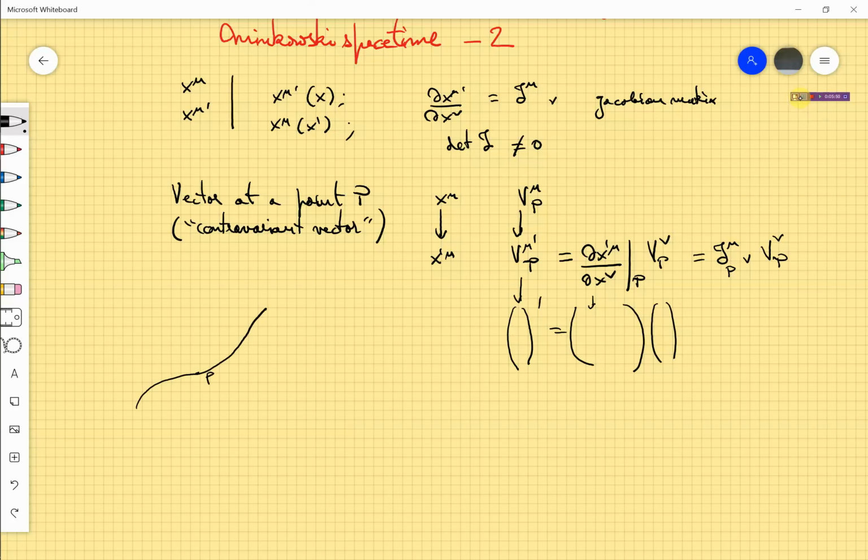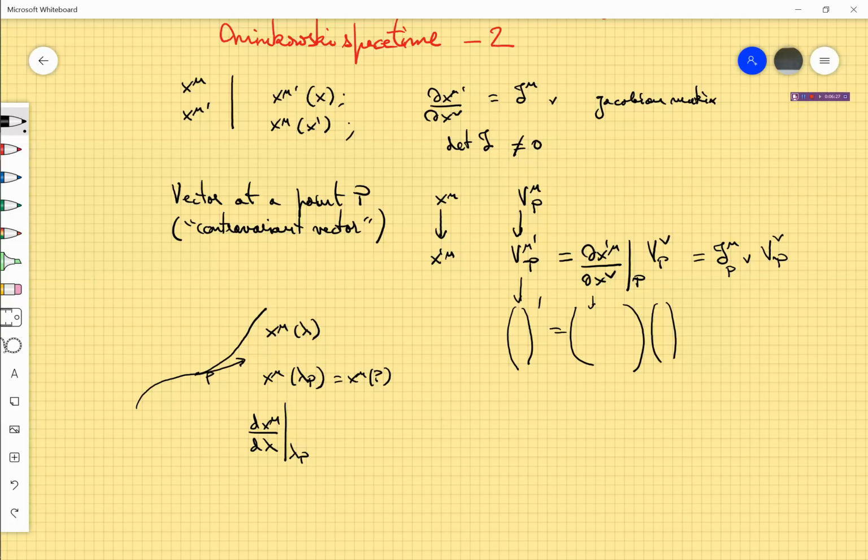This world line is parameterized by some parameter lambda, and for some value of this parameter, lambda P, you get precisely the coordinates of the point P. Then we can take the derivative of x mu with respect to lambda and evaluate it at this value lambda P, and this is a tangent vector to the world line at this point P.